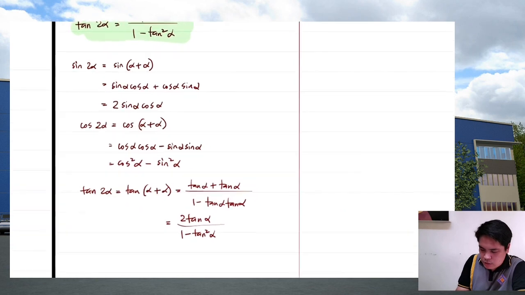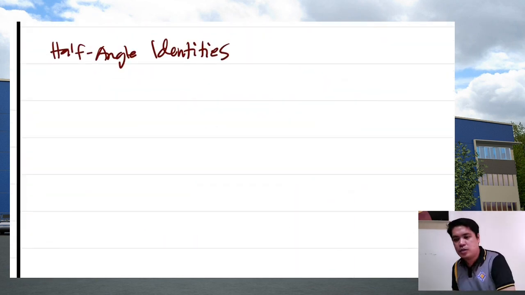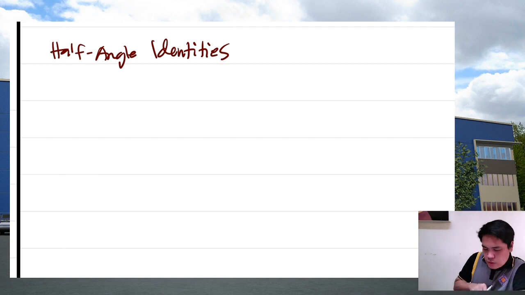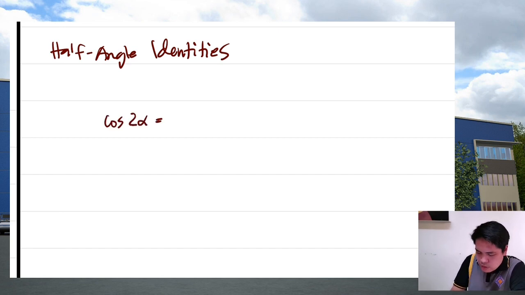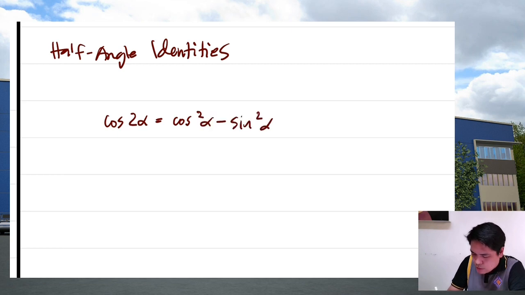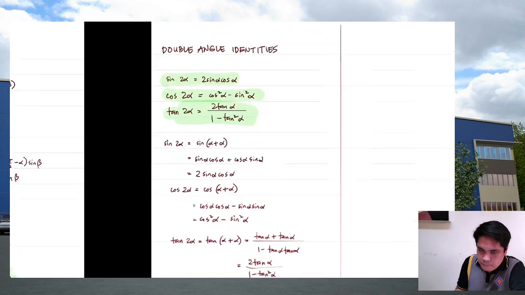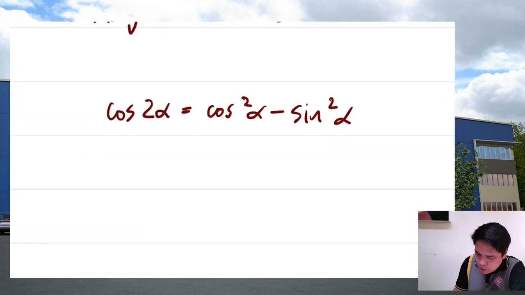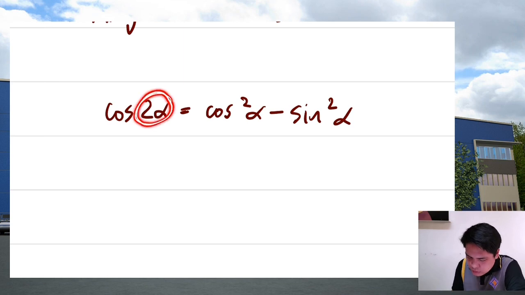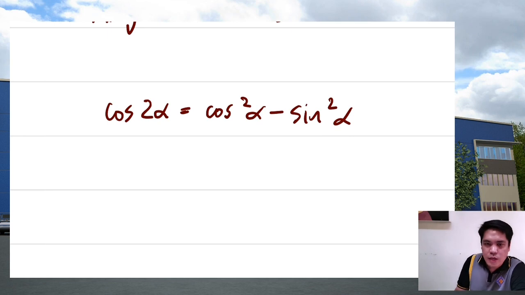Half angle identities. What for half angle identities? How would we derive that? Okay. So let's try to take a look at cosine 2 alpha, which is equal to cosine squared alpha minus sine squared alpha. Ito, I just used this identity. Okay? So from here, you notice that we have a double angle here, which is double of alpha. Right?